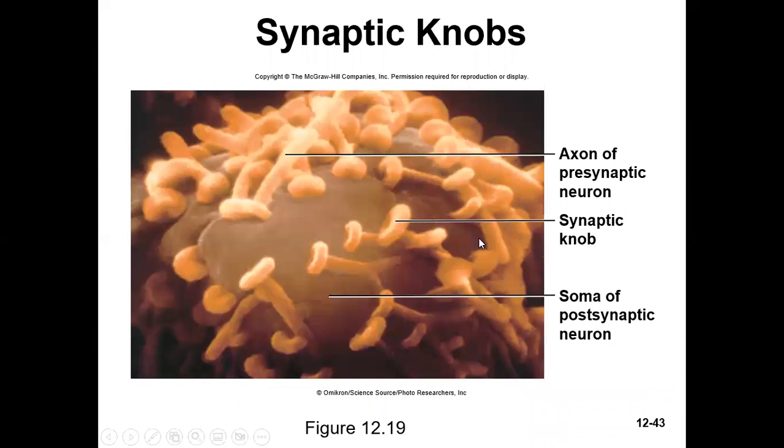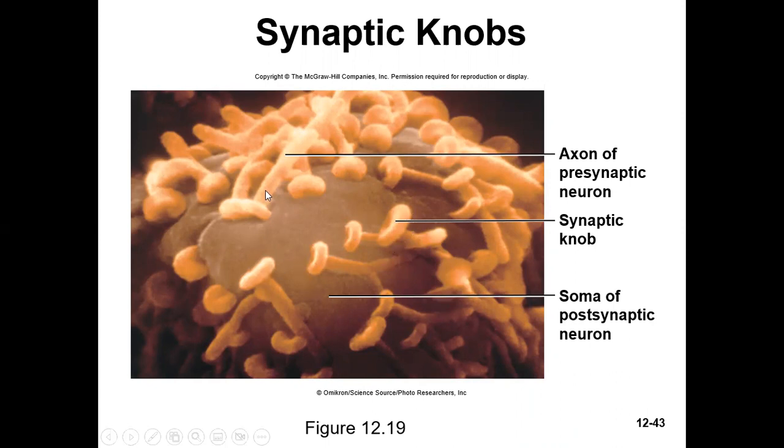So in this picture, I love pictures like this, by the way. This is courtesy of McGraw Hill, so thank you. Also, Omicron Science clearly gave us this picture. So super cool. We get to see synaptic knobs and how they will synapse with the cell body, in this case, the soma of the postsynaptic neuron.